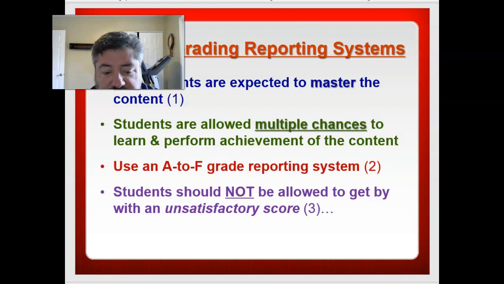D's and F's, remember, are considered failures. So they're not acceptable for progress, so students shouldn't move on. Students that have a D or F or an unsatisfactory score should not be allowed to get by and move on to the next level. So you might use mastery grading within a unit.